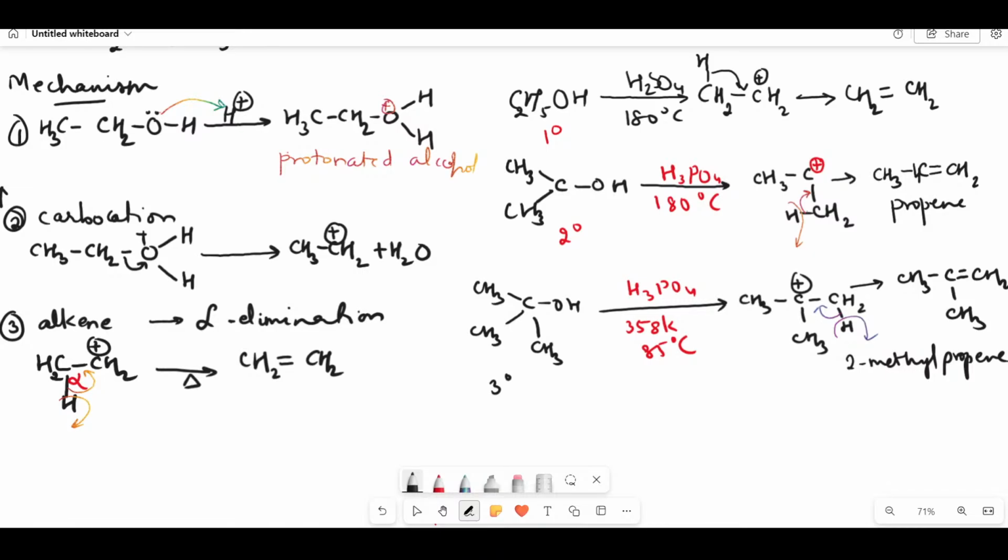One more thing: in the reaction we have done here, we got an alkene at 180 degrees centigrade, but if the temperature is maintained at 140 degrees centigrade instead of 180, instead of producing an alkene we will make an ether. We'll see that kind of reaction later on. The last one is oxidation, or oxidation dehydrogenation.